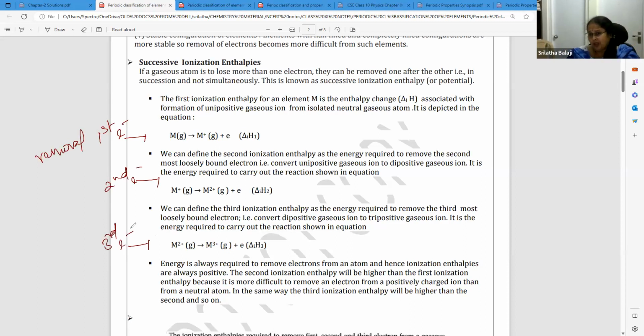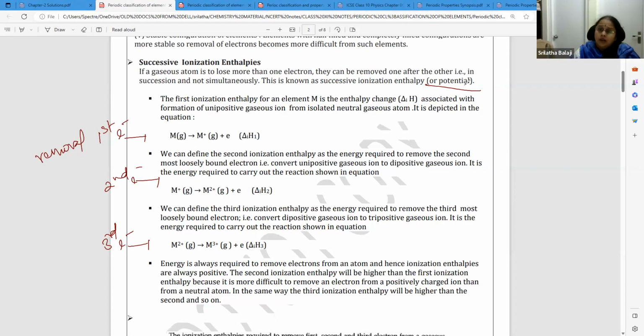So you call this successive ionization enthalpy. In some places they give it as ionization energy, in some they give it as ionization potential. All mean one and the same. They're alternate names given to this enthalpy.